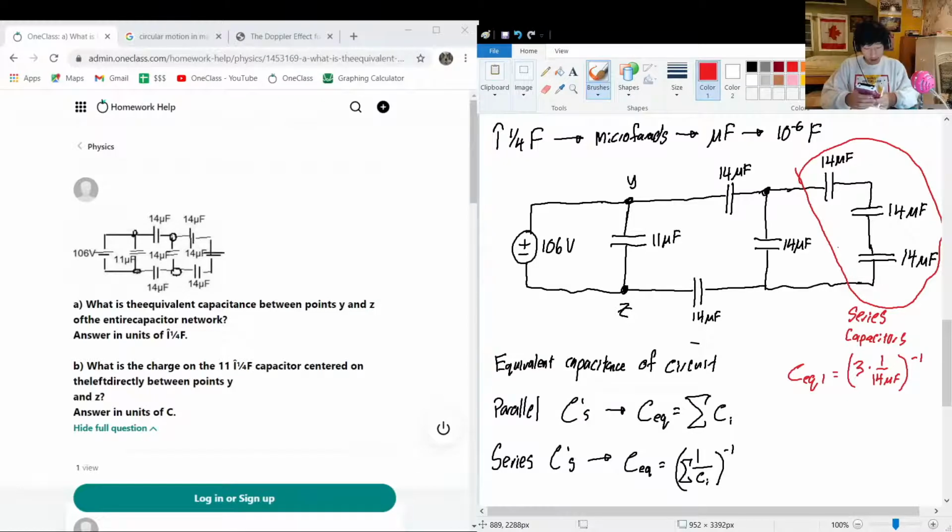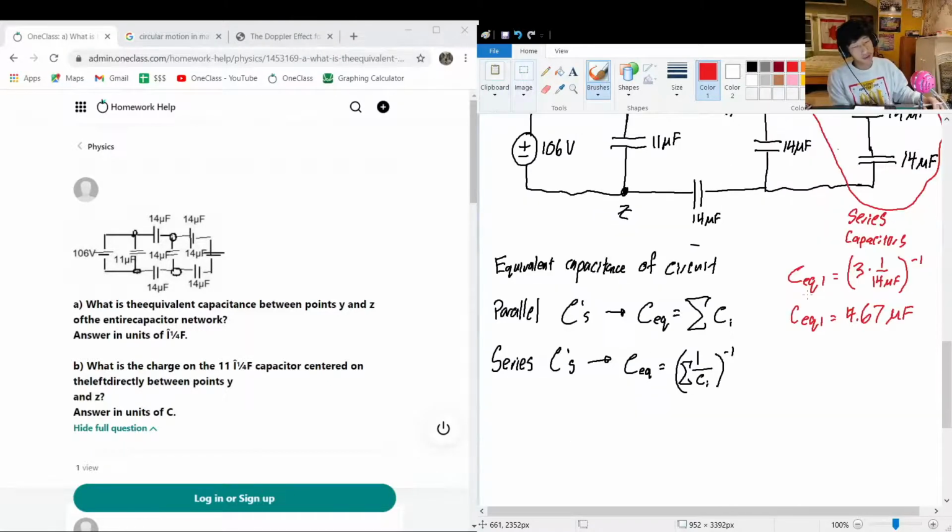From quick math, it's 14 over 3, which is 4.67 microfarads. That makes sense because capacitors in series will have lower capacitance than any one of their components, and all of them are 14, so it should be less than that. I'm pretty sure that's 1/3 of 14, so that's another interesting thing.